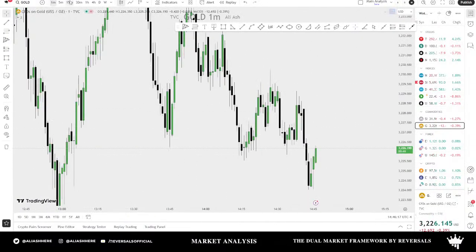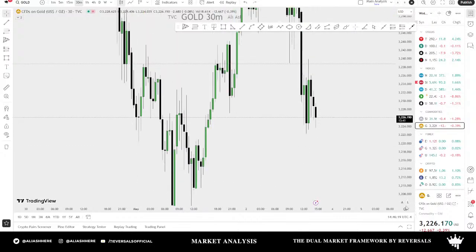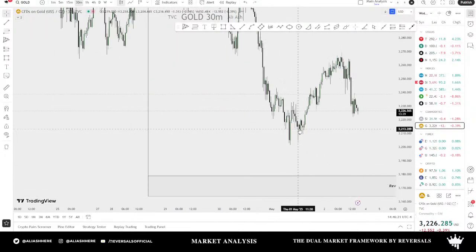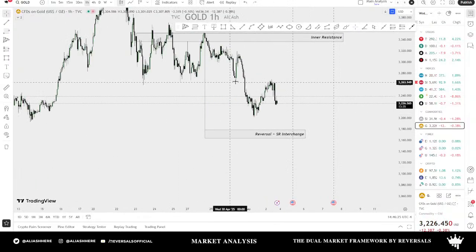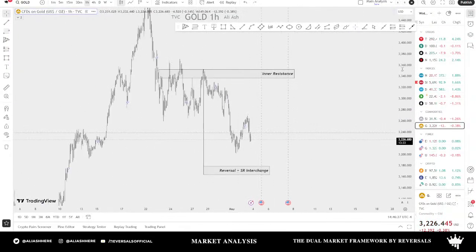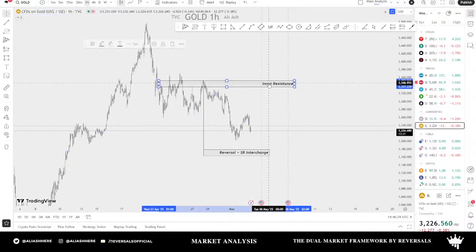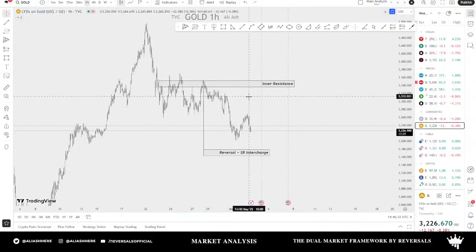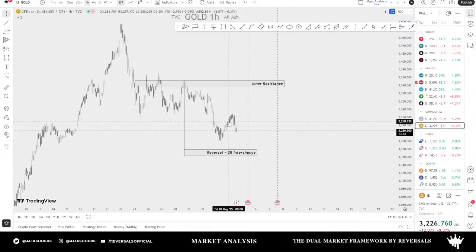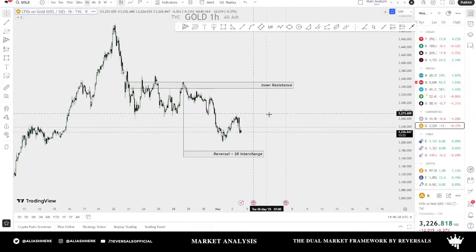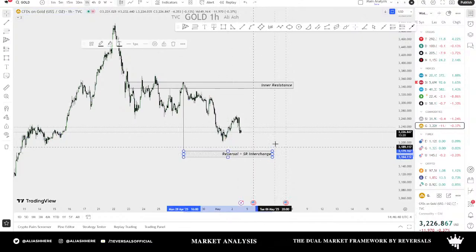Let's see gold in the meantime. What do we have with the gold? Okay, here we had the inner resistance, and from there it was rejected. I gave the signal and analysis on my Discord as well, and we had this reversal.